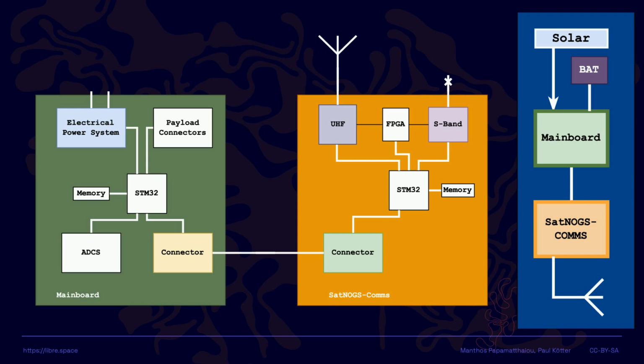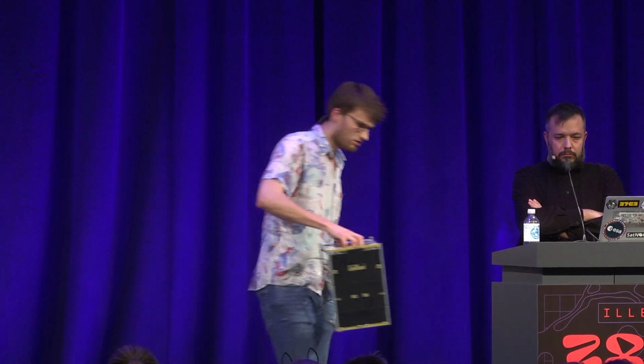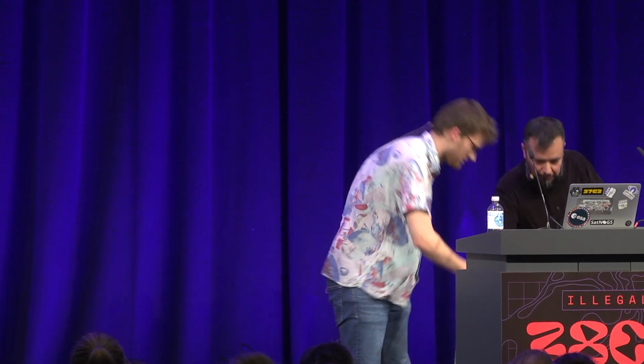The main board integrates a lot of the functionality that the satellite needs to have. On one hand, the attitude determination and control system. This is a system that can measure how the satellite is oriented in space, so whether it's like this or like this. It can also influence that by behaving like a magnet, like a compass basically.